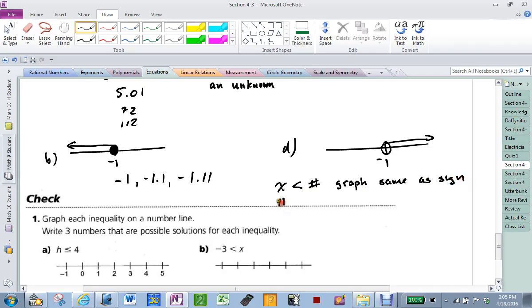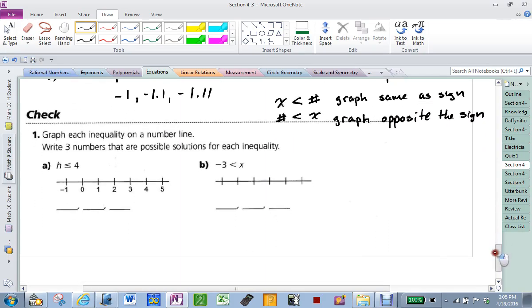If it's number, symbol, letter, you graph opposite the sign. Cool? Great. Do the next 2.